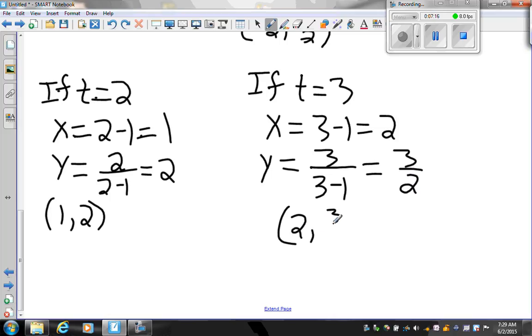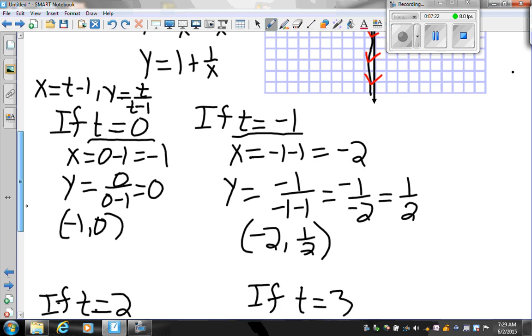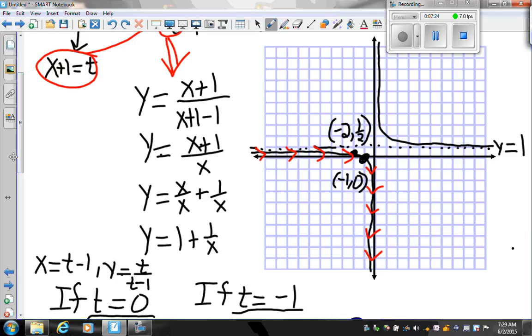So we get the point 2 on the 3/2. We put these 2 points on our graph. So 1 comma 2 is here. And 2 comma 3/2 is here.